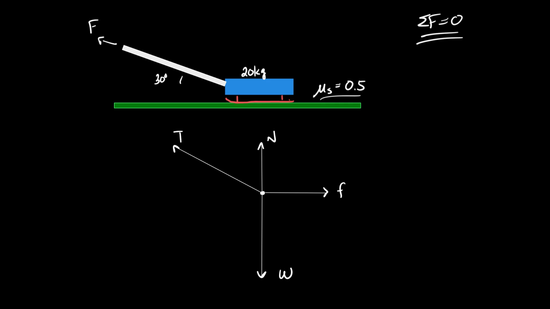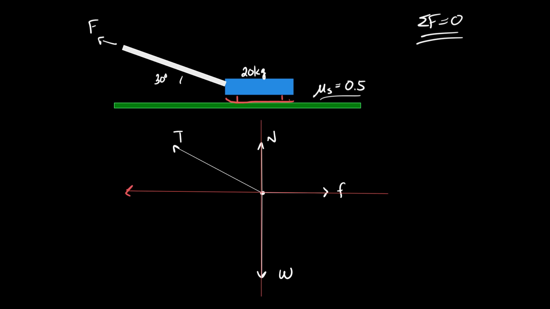Now I have to choose a coordinate system. The system's not accelerating, so I can choose any coordinate system I want. I'm thinking I'm going to choose a coordinate system that's lined up with the most number of forces possible, so I don't have to break many into their components. So that look like a good choice? I think so. That's a great choice. I don't have to use this one, but which one would you use then if you don't use this one?